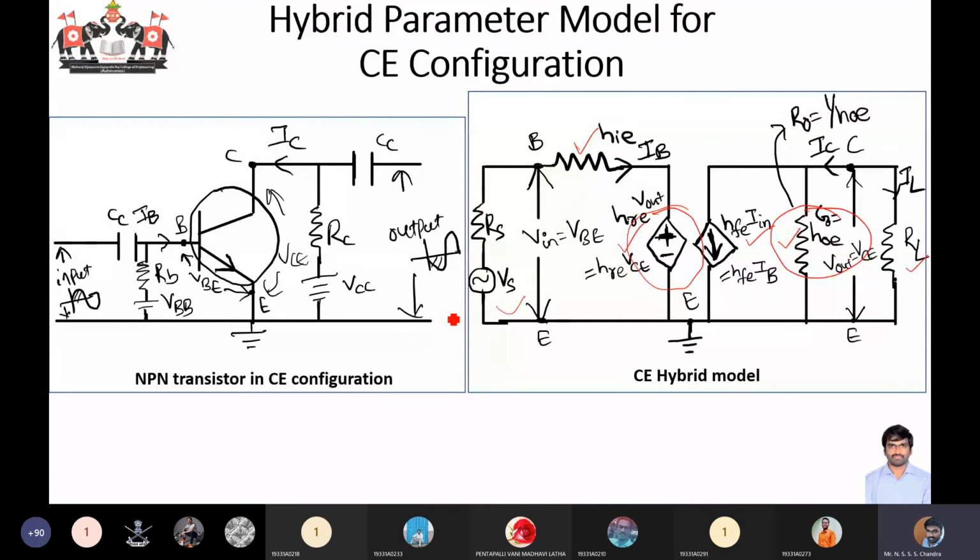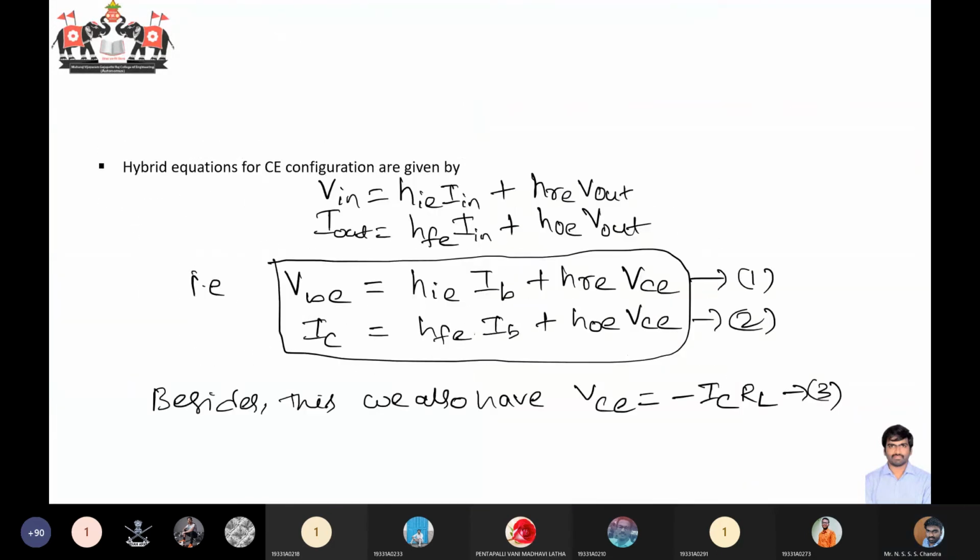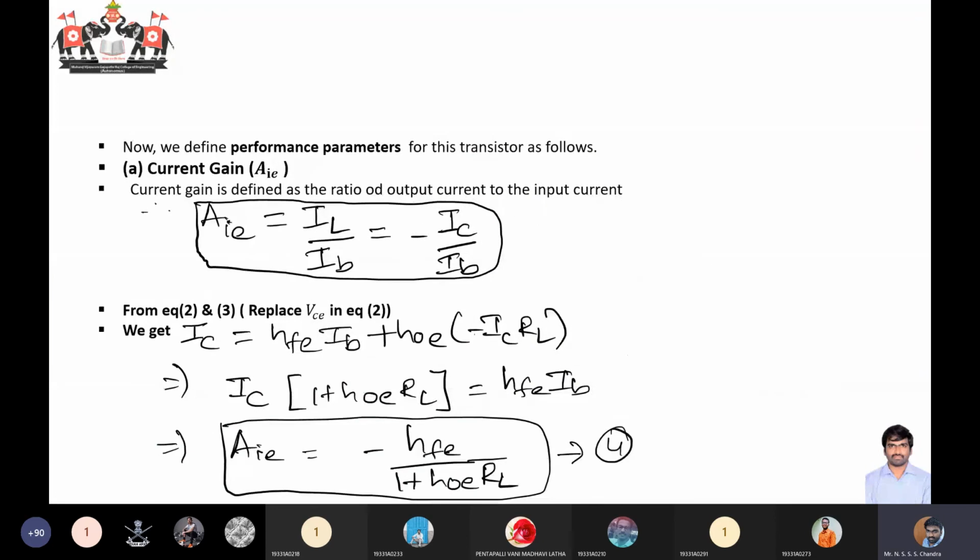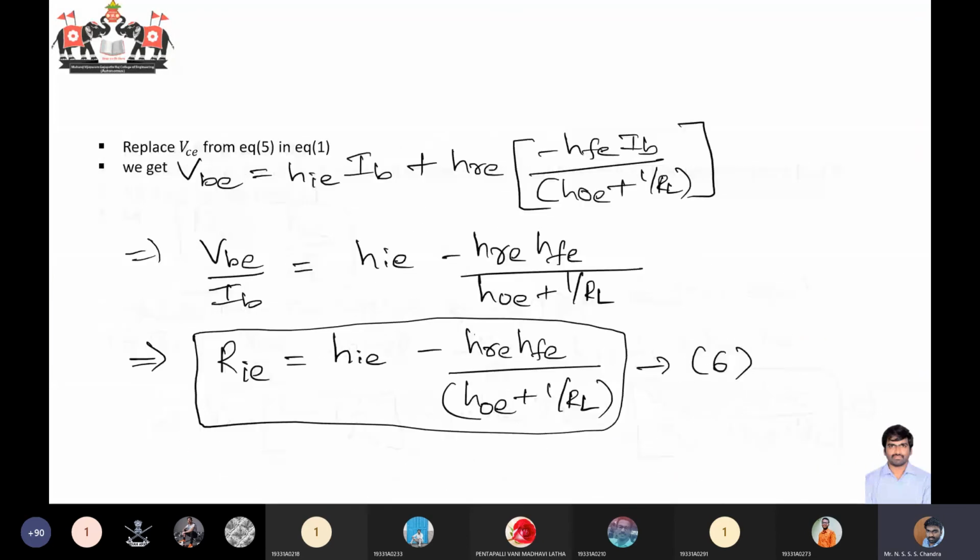This I can call the exact model. Next I will draw a simpler model. The same circuit I am going to redraw, but without the dependent voltage source and the output conductance or output admittance. Why only those two can be removed, we shall discuss.